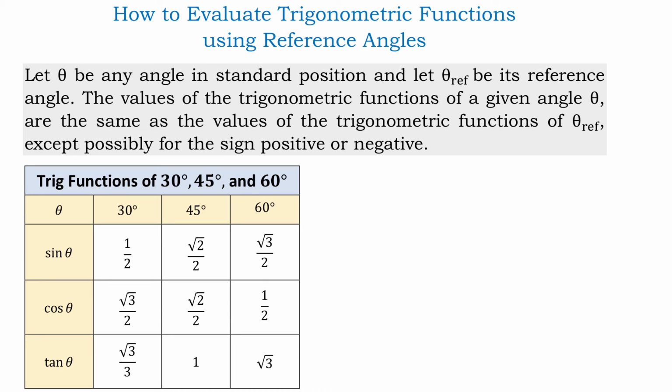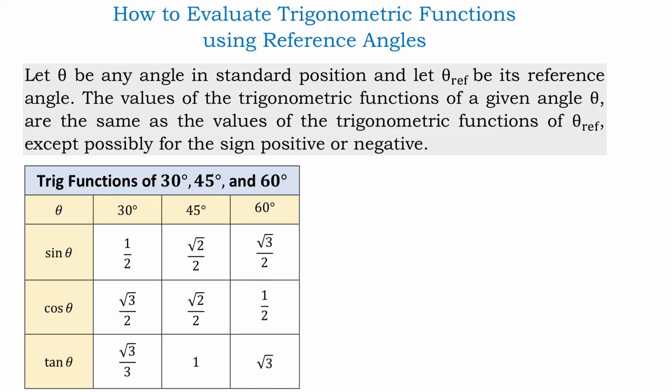Now above we have the following statement. Let theta be any angle in standard position and let theta ref be its reference angle. The values of the trigonometric functions of a given angle theta are the same as the values of the trigonometric functions of theta ref, except possibly for the sign being positive or negative.